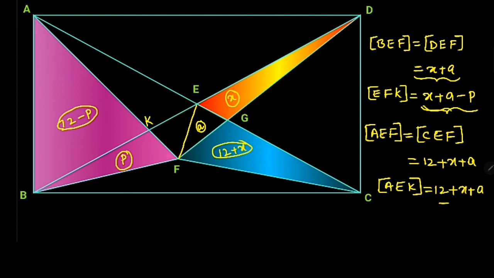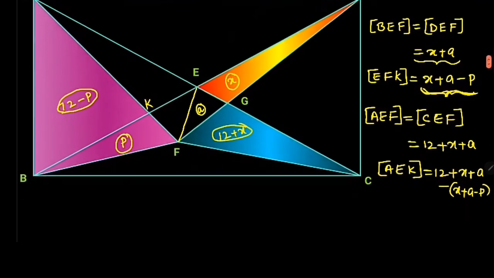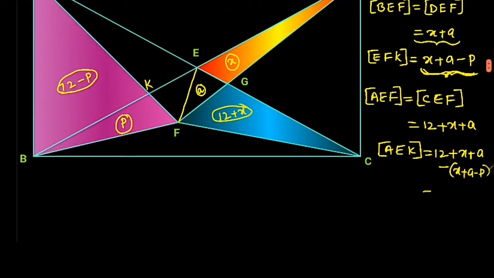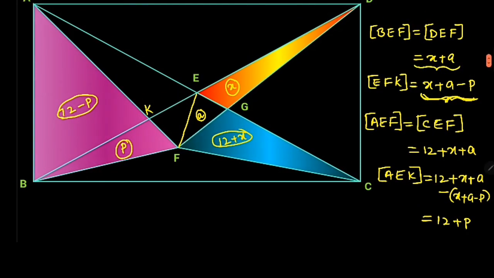Here the EKF area you have is X plus A minus P. From this, the area of AEK you are getting is 12 plus P on simplification. Now I am writing in the figure the value of AEK, that is 12 plus P.